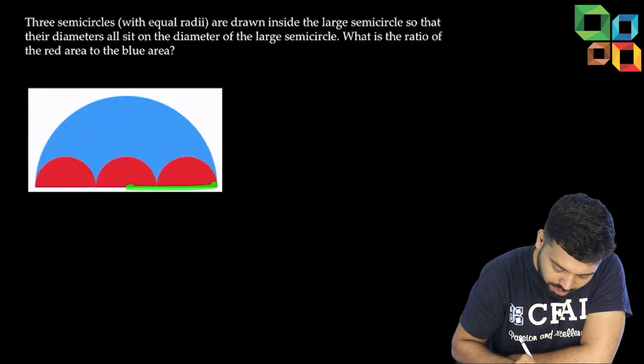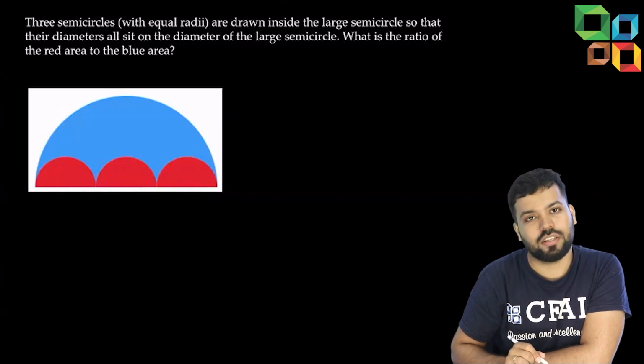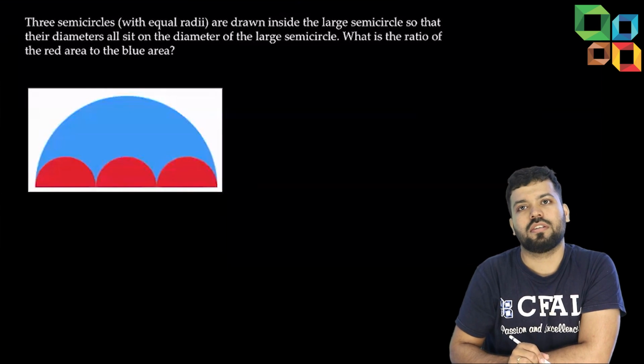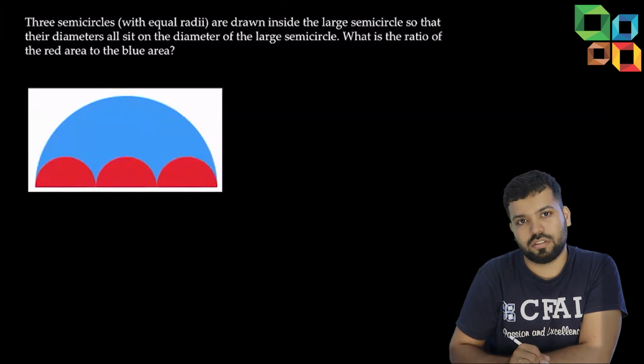Okay, you are taking this as 3, and if you divide it into 3 equal parts, the radius of the smaller circle will be 1. Then we just apply the area formula: pi r square divided by... we should take the area of the bigger circle and then subtract the area of the 3 red circles, and the quotient will be our answer.